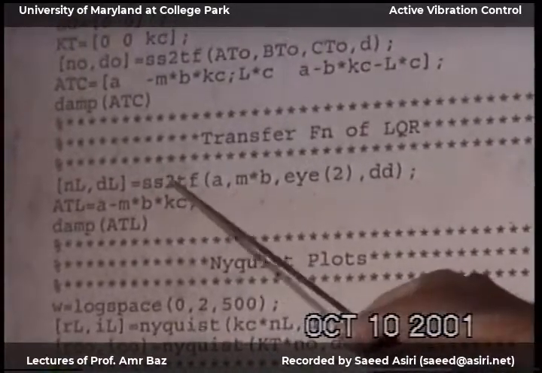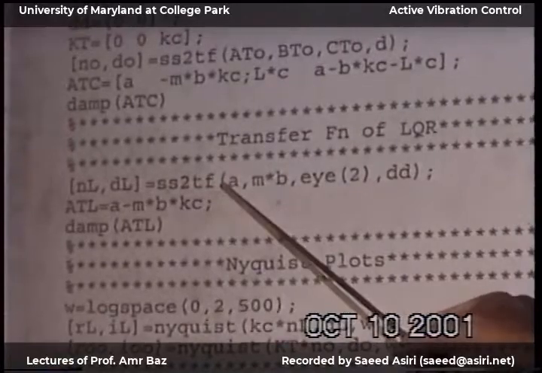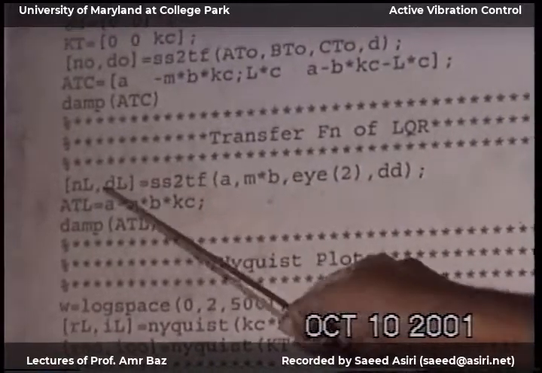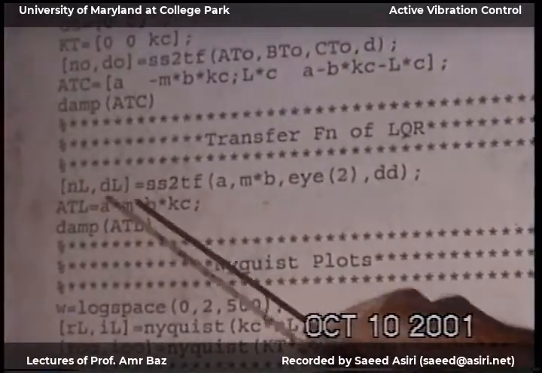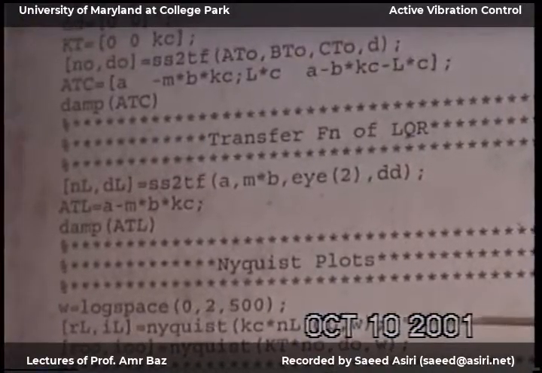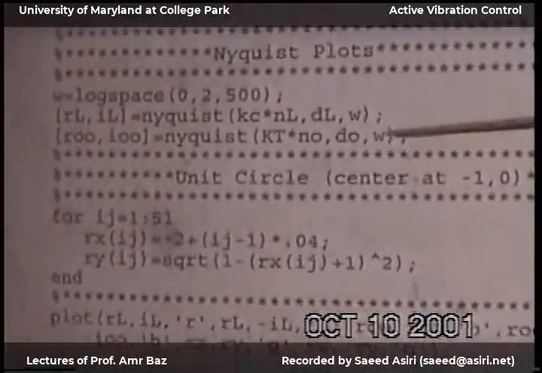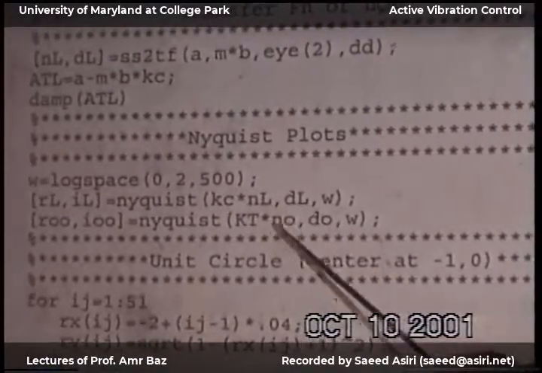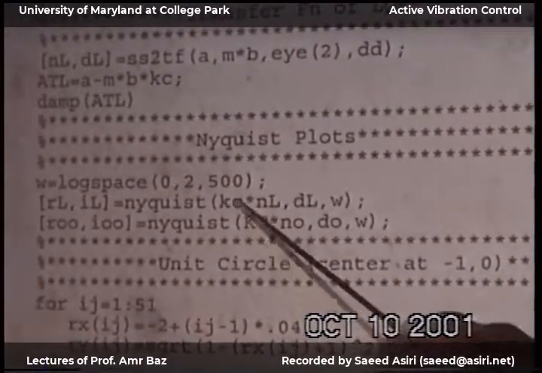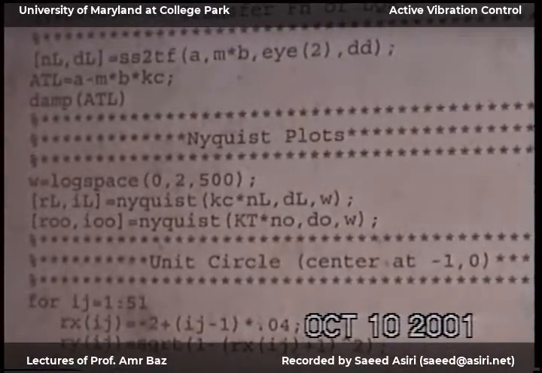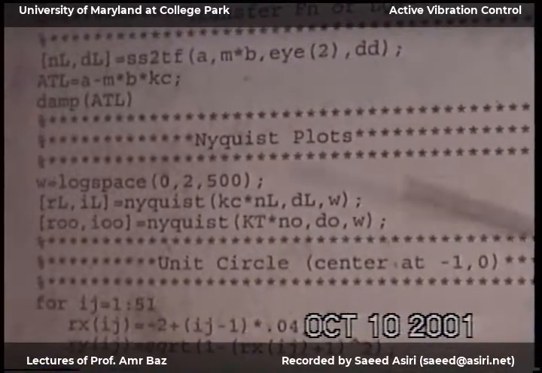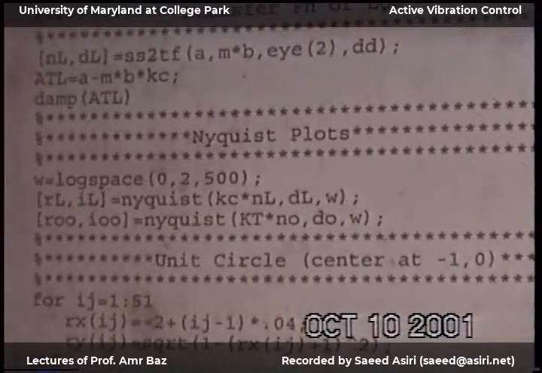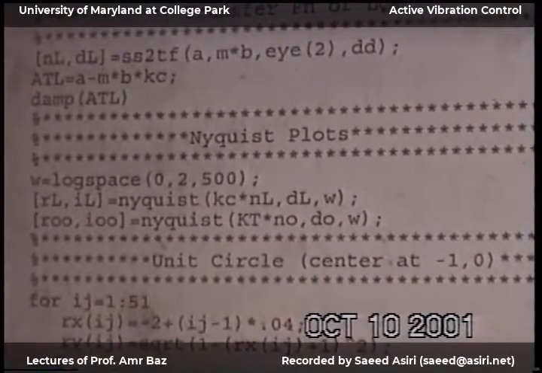Then I do this, get the state space to transfer function, get the numerator and the denominator. Now I go to this stage where I want to plot the Nyquist plot. So I take the numerator and the denominator, multiply times the control gain matrix. And then now we have everything that we've seen before.